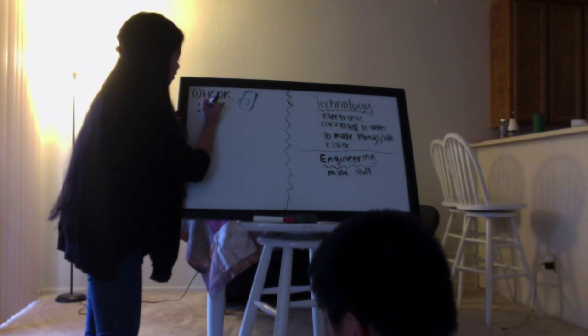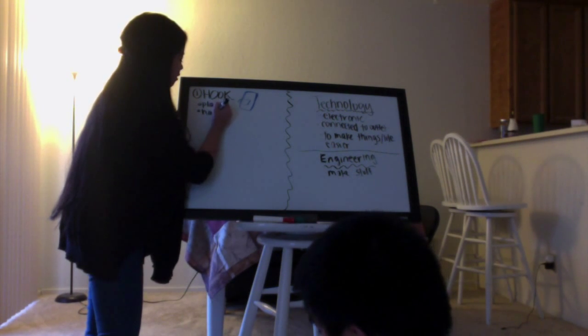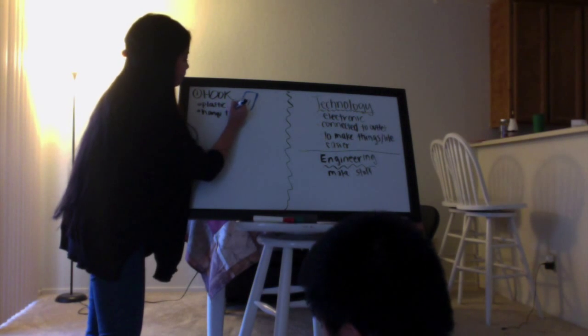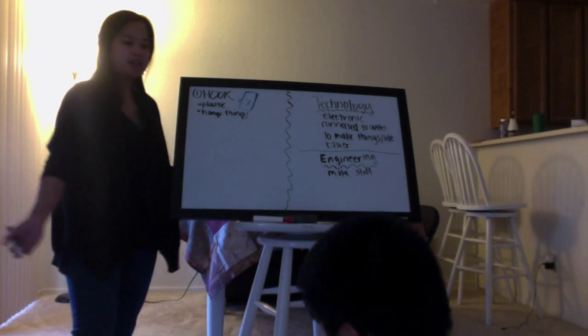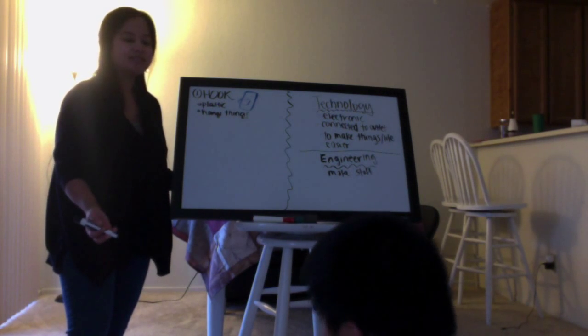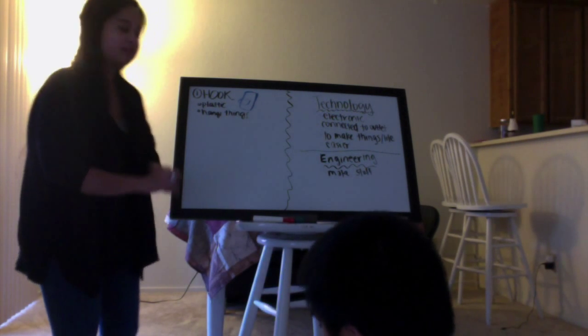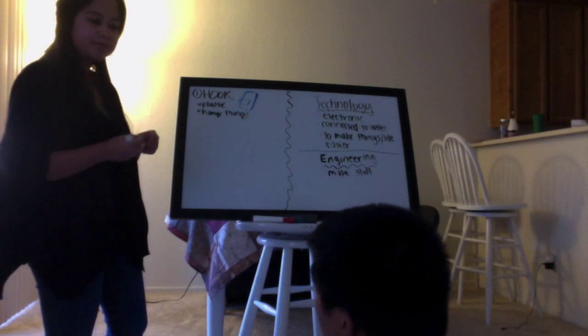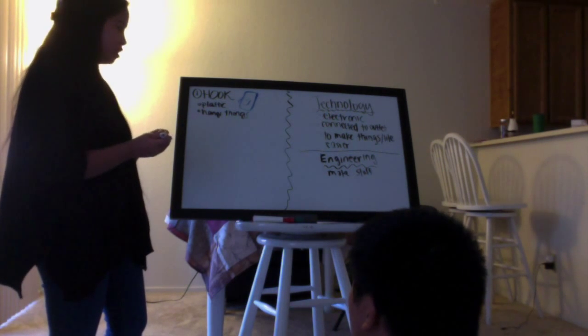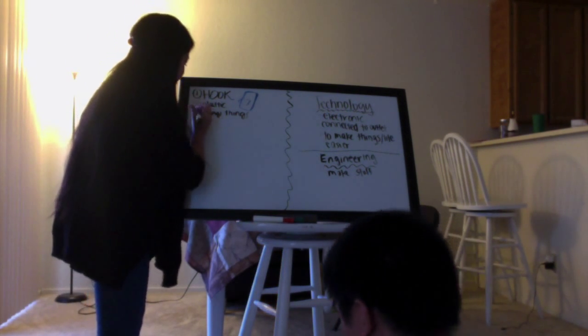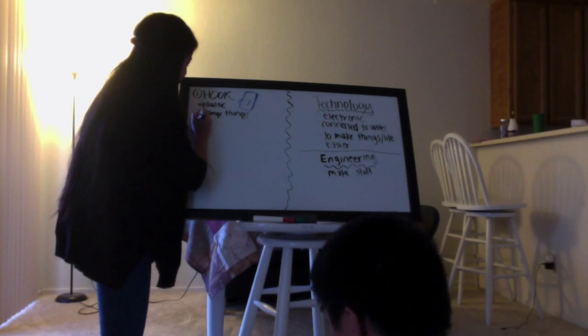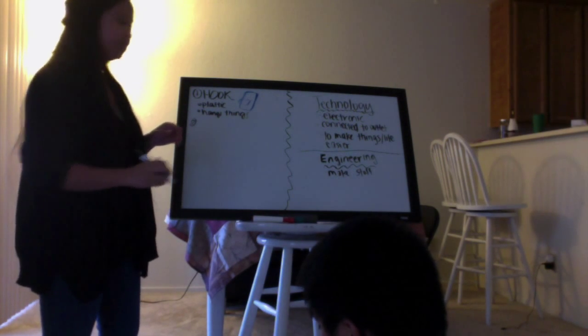Like your coat or backpack. And that's important, or else everything we have will be on the ground, right? Or even picture frames or clothes in your room. So that's a problem that it solves. Okay, what's the next technology? Staple remover.